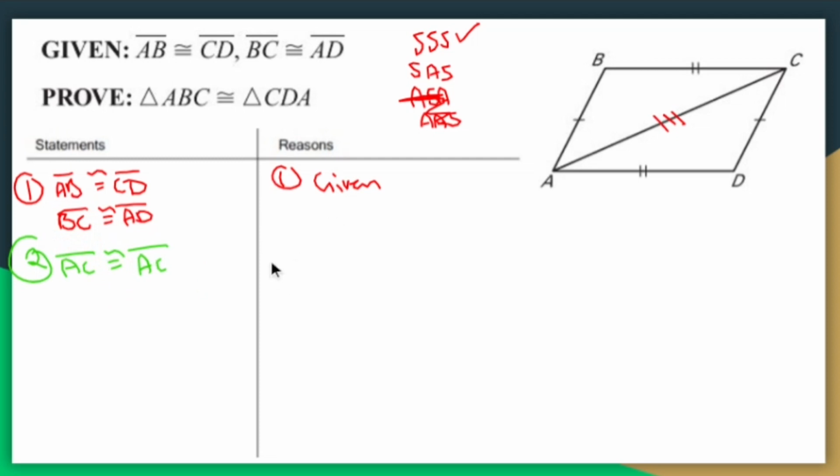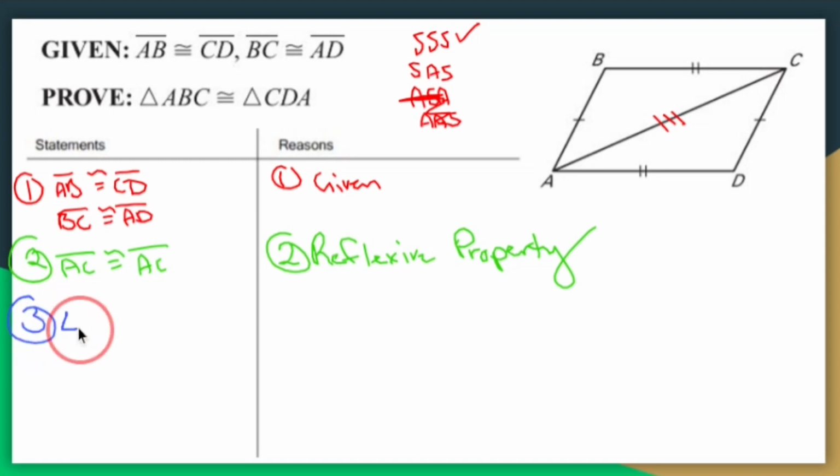Whenever you say that a side is congruent to itself or an angle is congruent to itself, you are using the reflexive property. Now that I have all three of my sides, I can say that triangle ABC is congruent to triangle CDA, and the reasoning for that is SSS, side. Pretty quick proof, not so bad. Very intro to triangle congruence proofs. I like it.